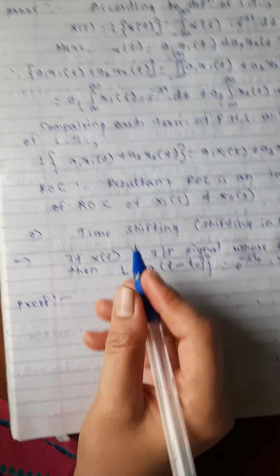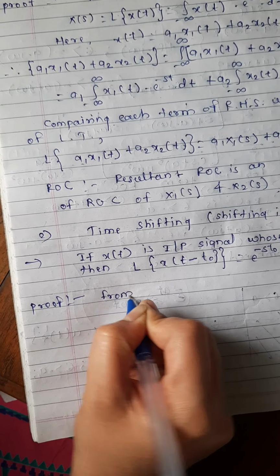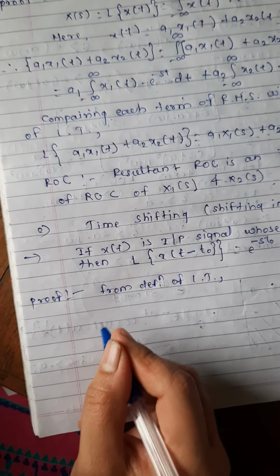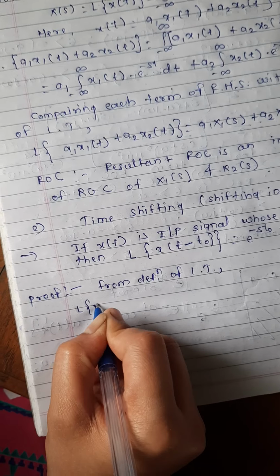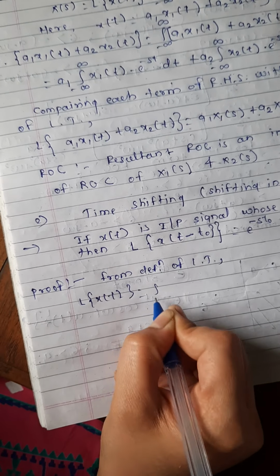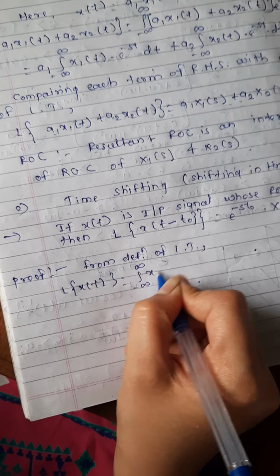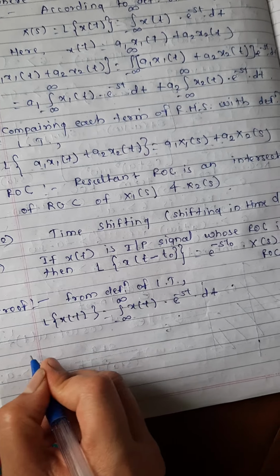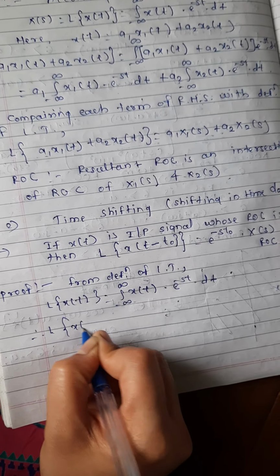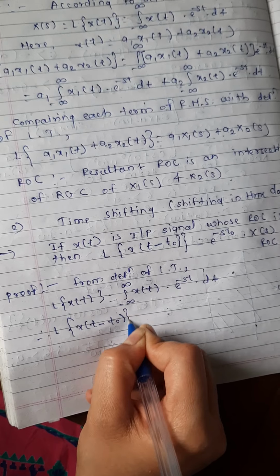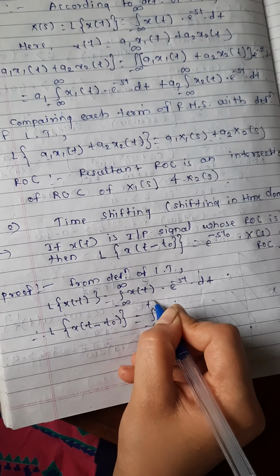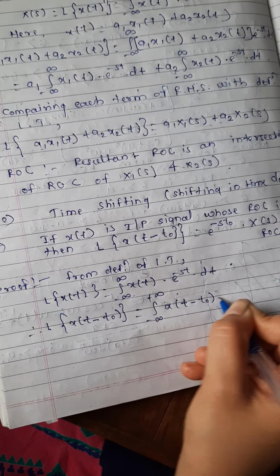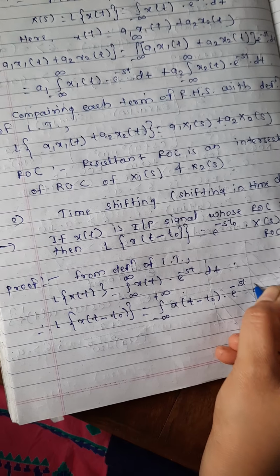So from the definition of Laplace transform, we have Laplace transform of x of t is minus infinity to infinity x of t e raised to minus st dt. So Laplace transform of x of t minus t0 is minus infinity to plus infinity x of t minus t0 e raised to minus st dt.